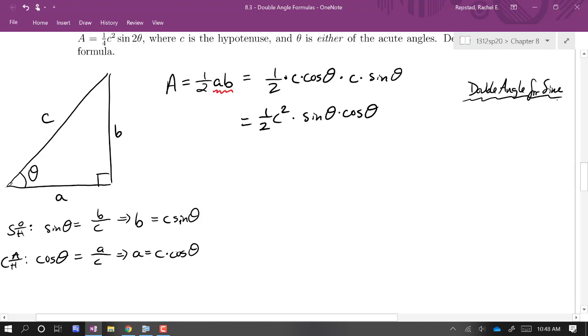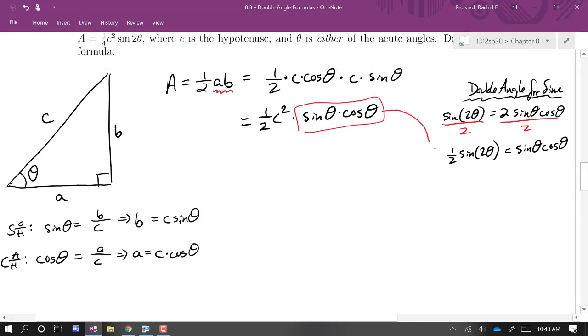You can look back on the previous page, but it looks like this. Sine of 2 theta is equal to 2 sine theta cosine theta. So if I just divide both sides by 2, we get that 1/2 times sine 2 theta is equal to sine theta cosine theta. And that's what we're going to substitute in for that expression.